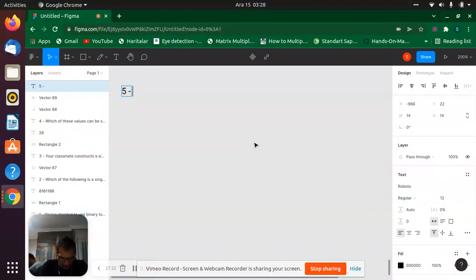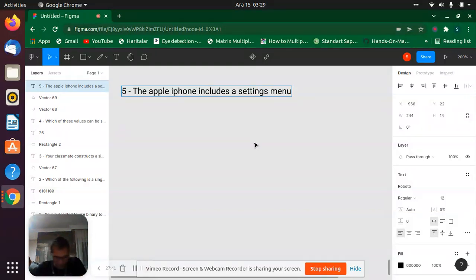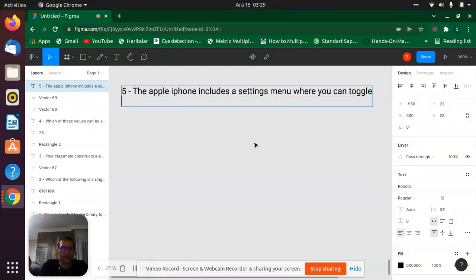The Apple iPhone includes a settings menu where you can toggle various accessibility options on or off.